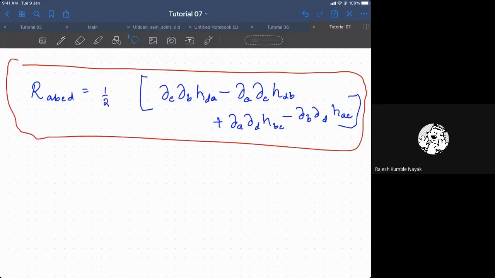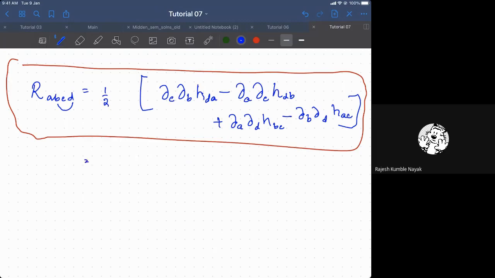Okay, so what we should do is get a Ricci tensor. That means we have to contract with these two indices. Okay, let's contract B and D. I'm not going to do the step again with the G A B and so on. I simply contract it.